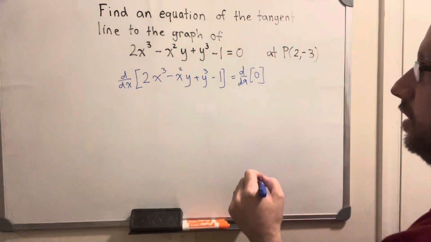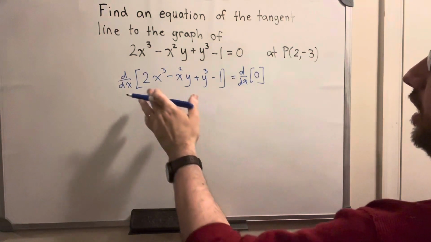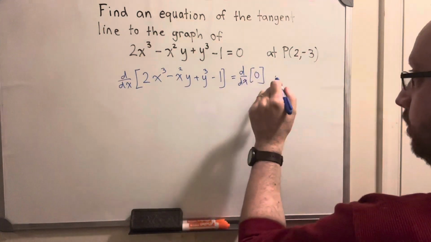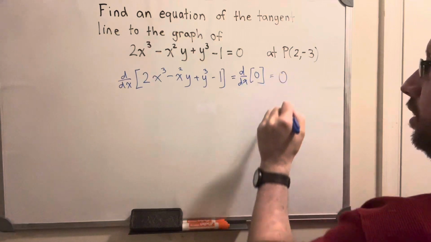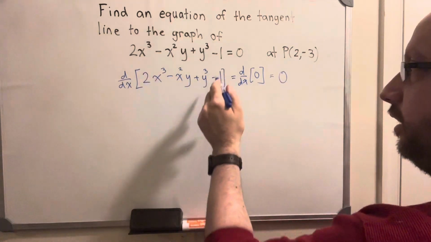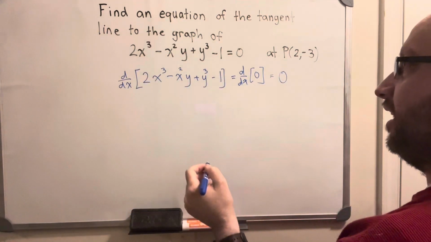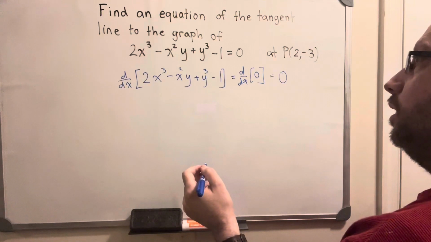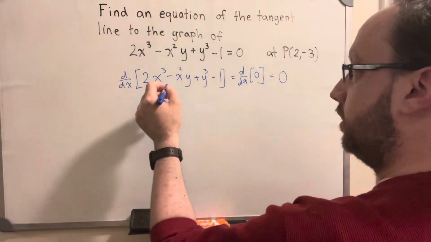Take a look at this. This is obviously 0. But how do we handle something like this with x's and y's? Let's number these terms.